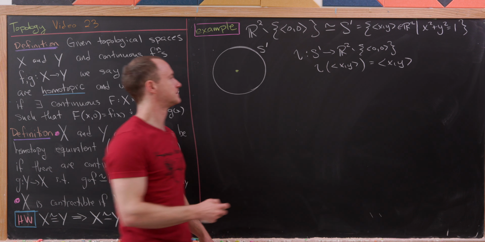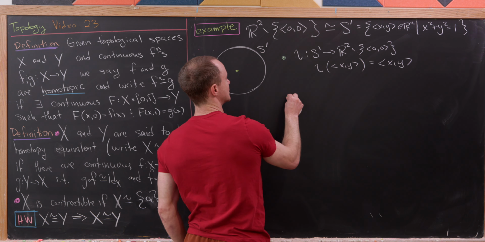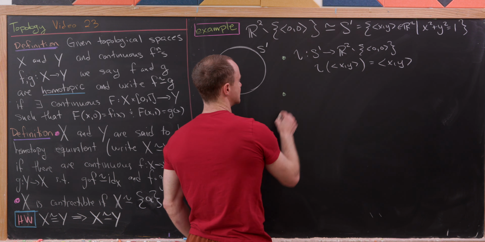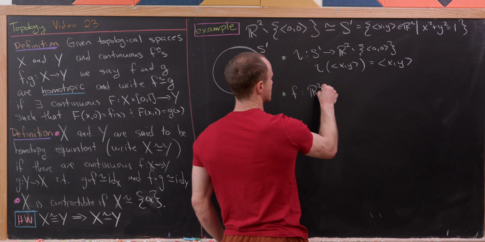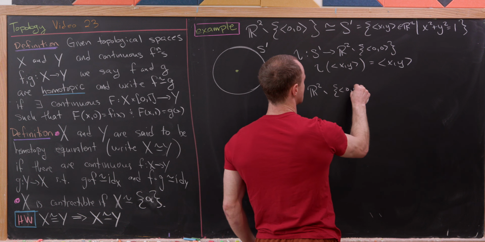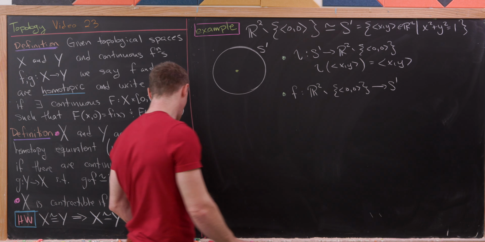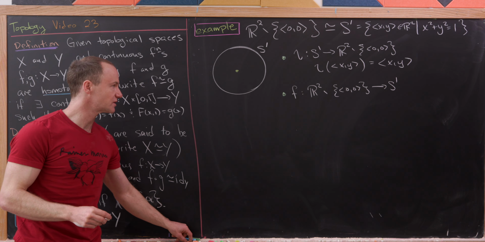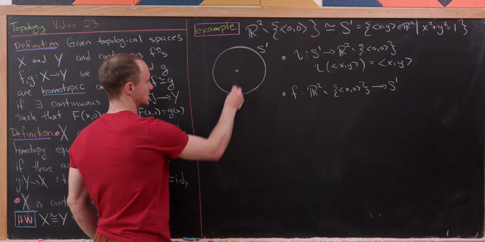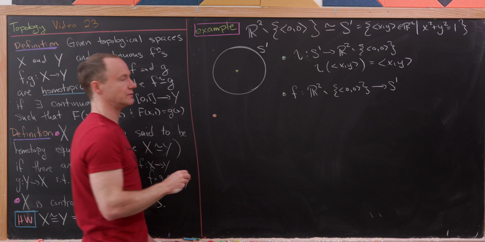Okay, nice. And now let's also define a function going the other way. So let's define a function f, and it's going to go from R2 minus the origin to S1 via the following idea, which we'll write down as a formula. So what it does is it goes out here to, maybe this is an arbitrary point in R2.